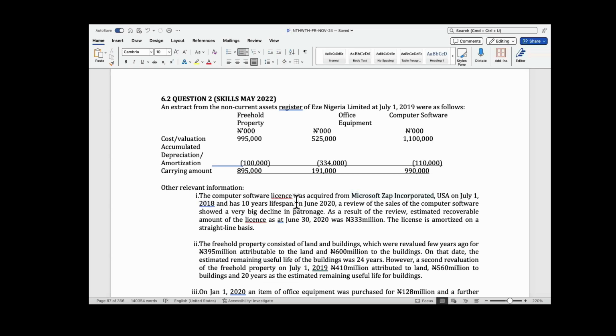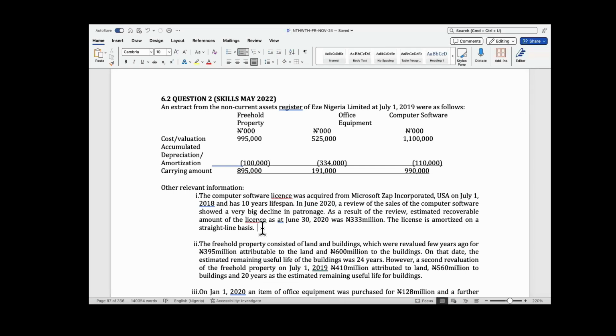And they said, in June 2020, a review of the sales of the computer software showed a very big decline in patronage. As a result of the review, the estimated recoverable amount of the license as at June was 333 million. The license is amortized on a straight line basis.